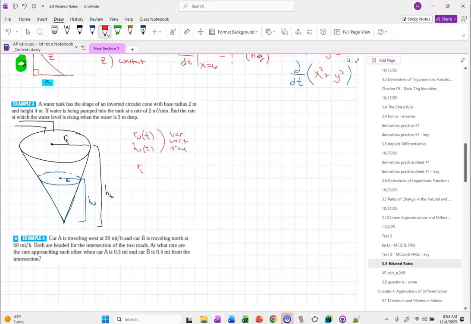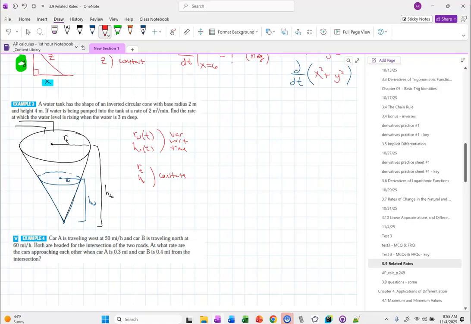But your tank quantities, these are constants, right? The shape of the tank is never changing. The container holding the water doesn't get bigger or smaller with time, it stays the same. The shape of the cone of water inside that tank is going to be changing with time. Everybody feel good there?